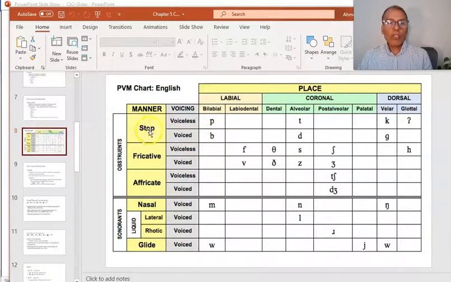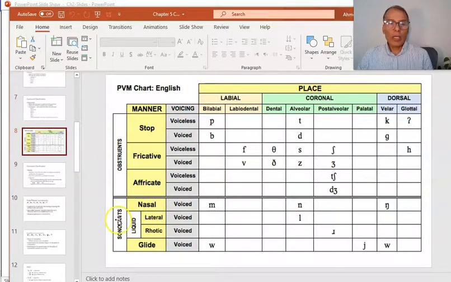So let's take the stop sounds. All consonants are divided into stop consonants, fricative consonants, and affricate consonants. These make a group called the obstruents. They are produced with a significant blockage. And there's another group that is sonorants.